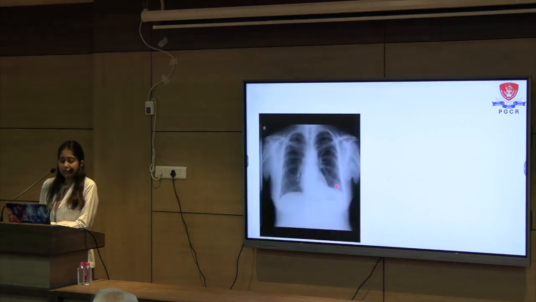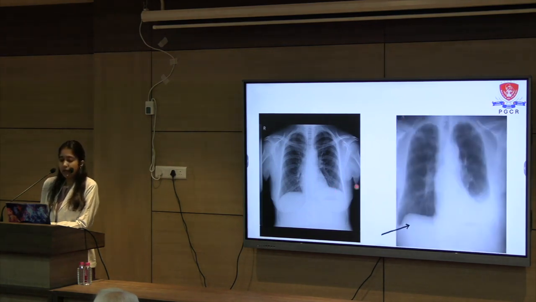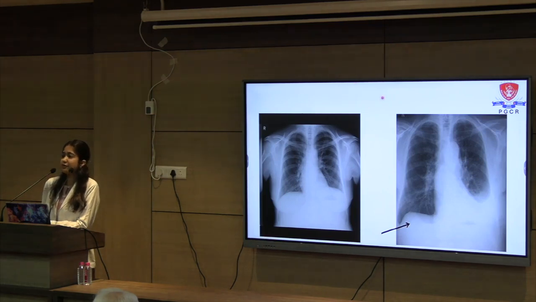Now in this chest radiograph, anyone, what can we appreciate? Okay. So there is slight elevation of the left hemidiaphragm, and the distance between the left hemidiaphragm and the stomach bubble is increased. And in this, at least pleural effusion we can appreciate.